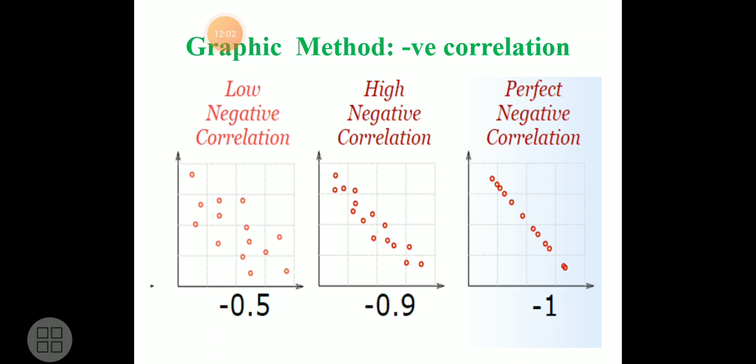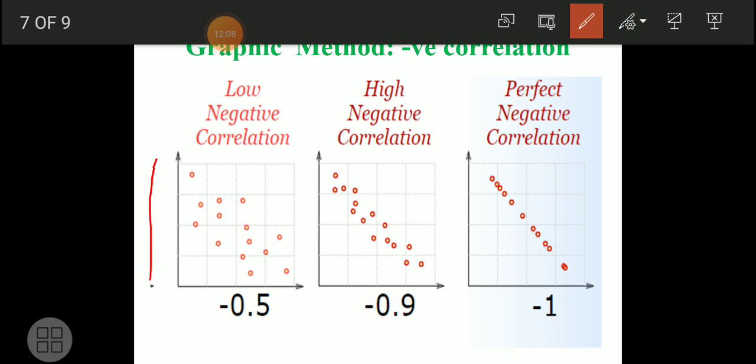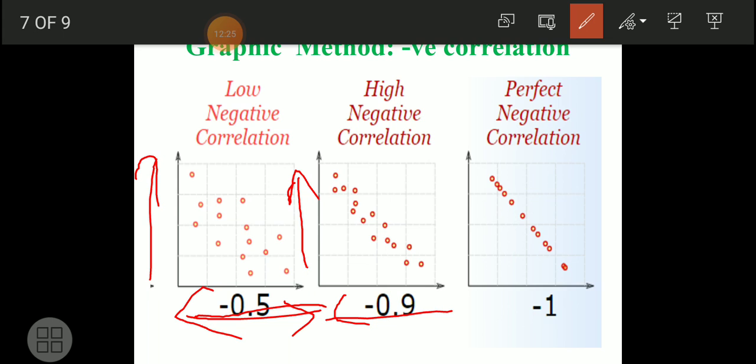Graphic method, negative correlation. Negative in the sense that as one increases, the other decreases.